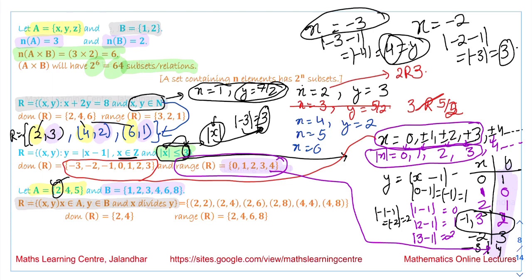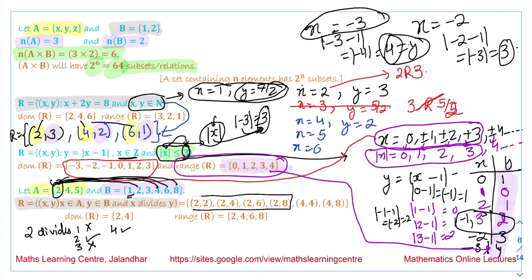It means if we are checking with 2, which elements are related to 2, we have to check: 2 divides 1, no; 2 divides 2, yes; 2 divides 3, no; 2 divides 4, yes. So if we are looking at 2, 2 is related to 2, 2 is related to 4, 2 is related to 6 and 2 is related to 8. This 2 is related to these elements because it divides these elements.